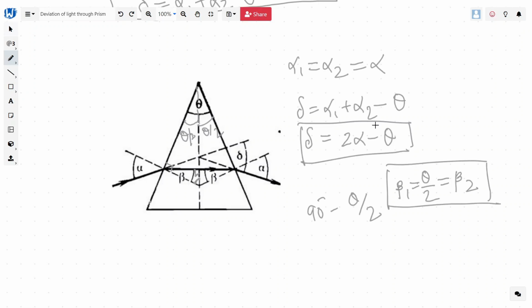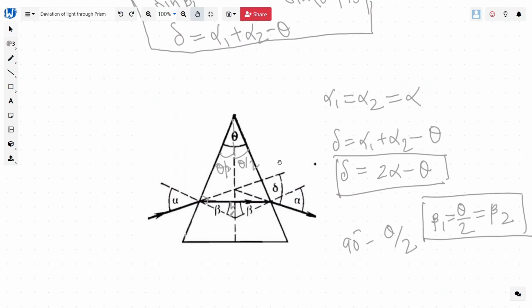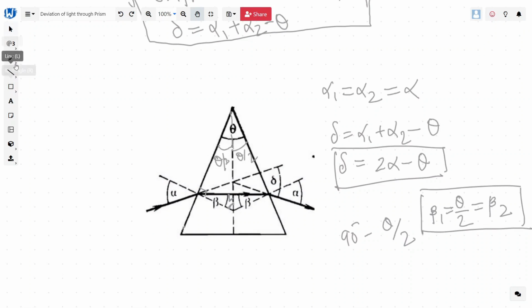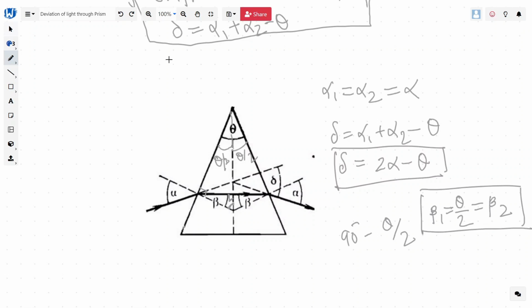Okay, now using these new expressions, we can rewrite the equations which we derived earlier, and we are going to do it over here. Let's try and write it from the very basics actually. So let's write Snell's law at this point, which is going to be 1 into sine alpha equals n inside the prism, sine beta.